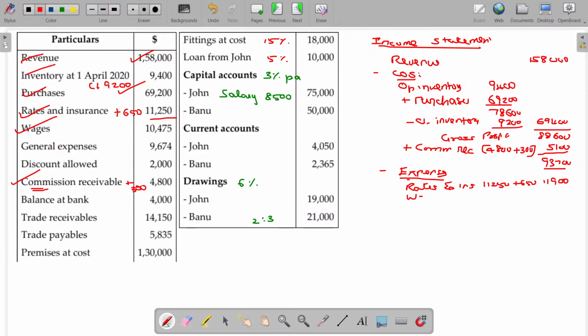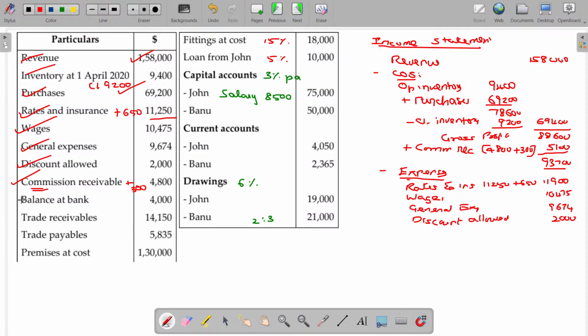Wages, no adjustment, 10,475. General expenses 9,674. Discount allowed is also an expense. This value being 2,000.